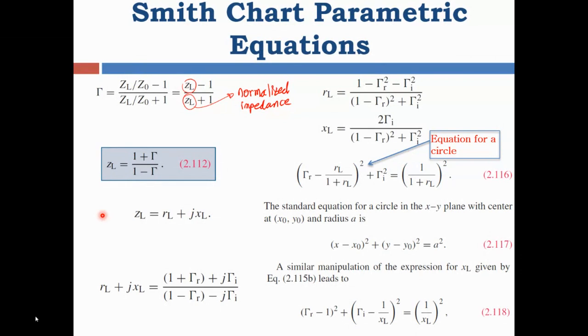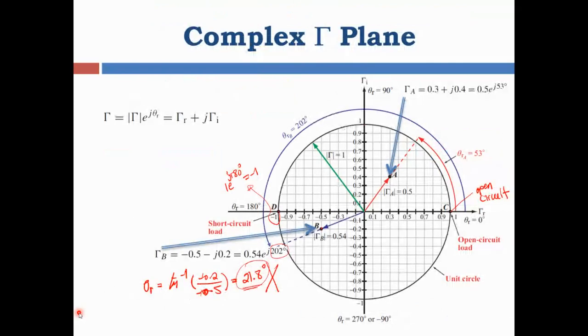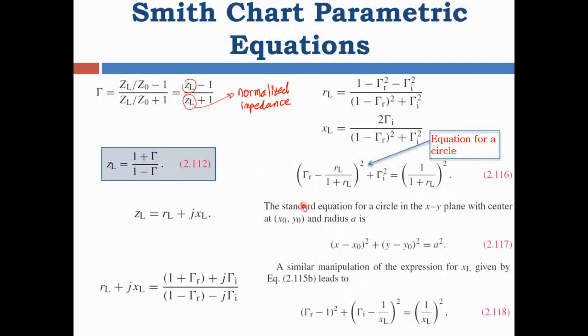The gamma plane is just a circle with an infinite number of points on it. So if we can take these gammas and translate them to the impedance, then that is the basis of the Smith chart. Basically, it is just mapping the gamma into ZL.